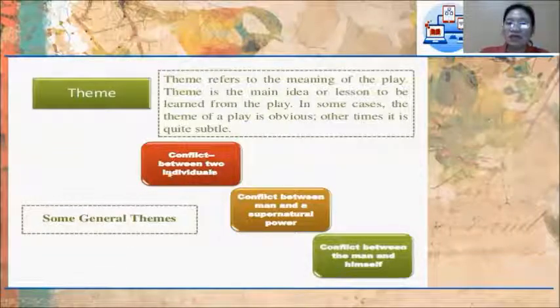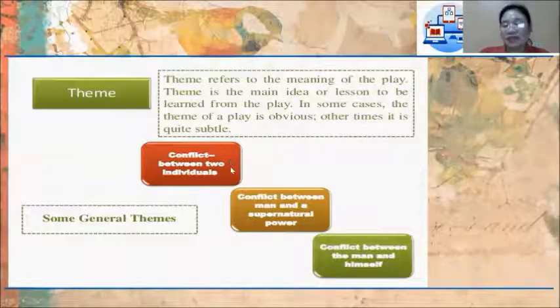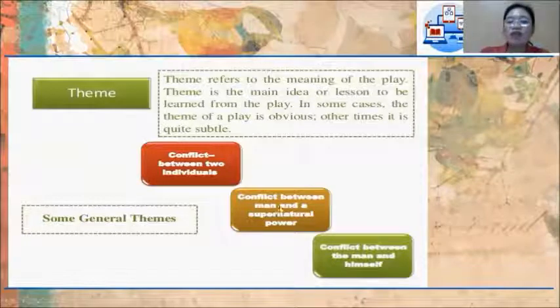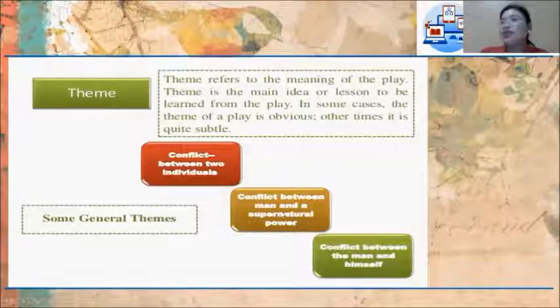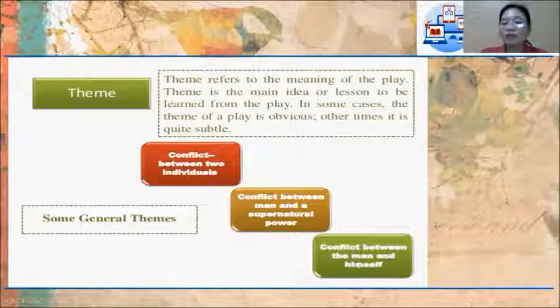So this is man against man. And then we have also here conflict between man and supernatural powers. So it could be man against nature. And so we have also here conflict between the man and himself.